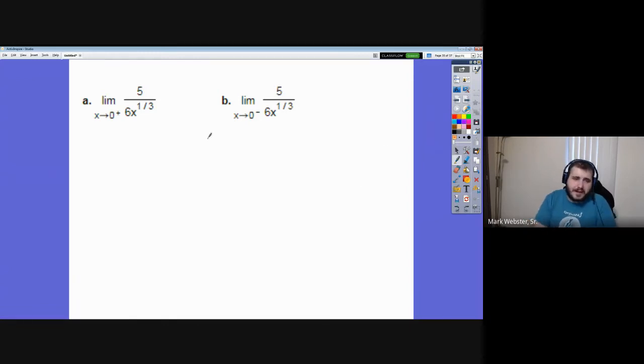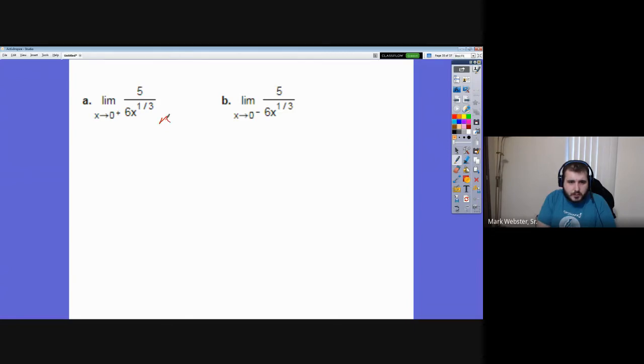So look, same idea, right? Even though, okay, that 1/3, how does that do anything? It really doesn't. All this does is change the curve of the hyperbola that you have.